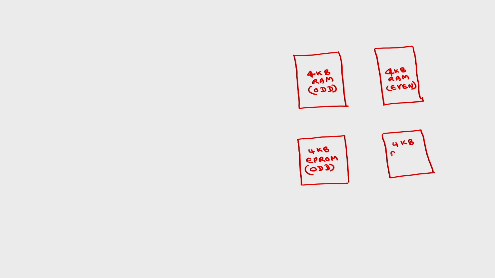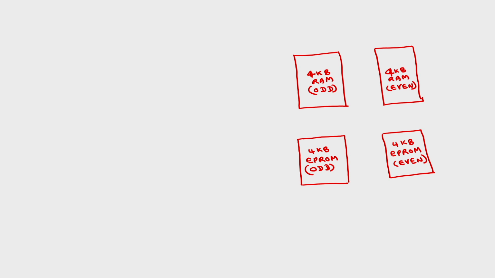Similarly, each will be 4 kilobytes only, because we have divided into even and odd, so half of this memory is available. Then we have 4 kilobytes of EPROM odd, and 4 kilobytes of EPROM even. What are the different signals for these 4K RAMs and 4K ROMs?